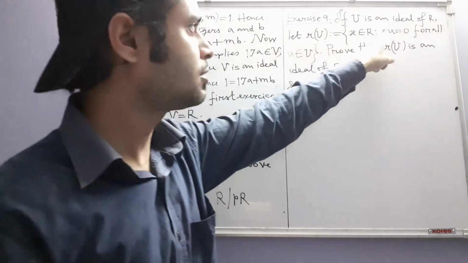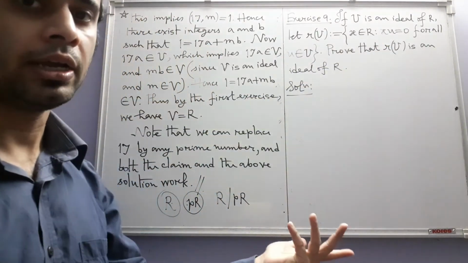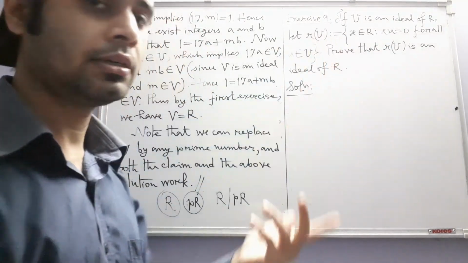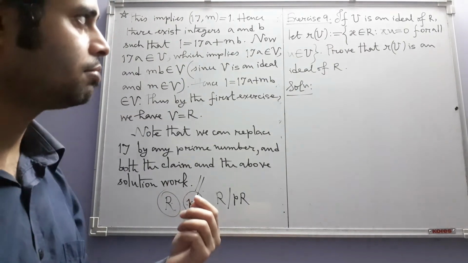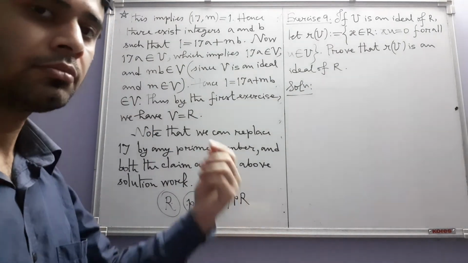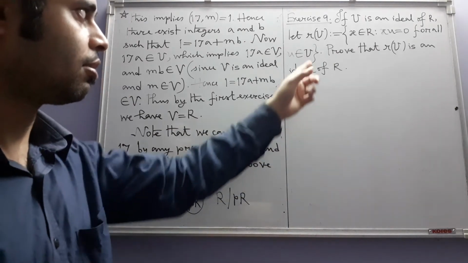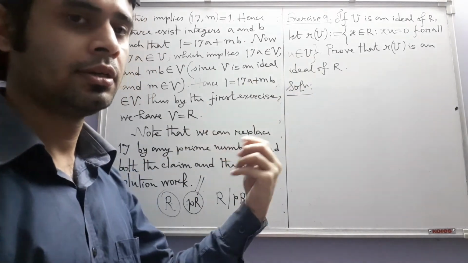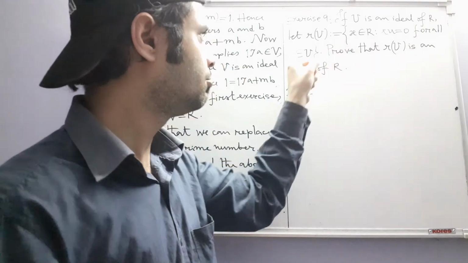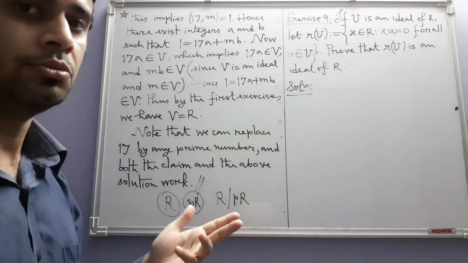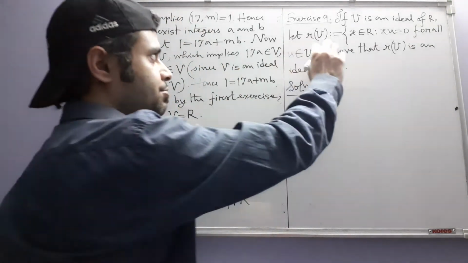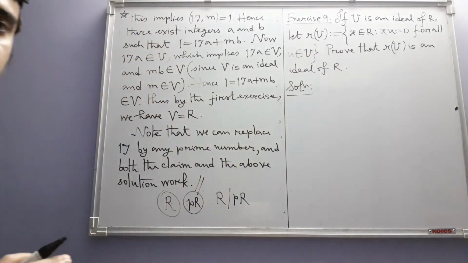Note that XU may not be equal to UX, because it's not given that the ring is commutative. So we have to keep in mind that it's XU. We are multiplying the element X by elements of U from the right side. And this has to be true for all elements in U. Then only will X belong to RU. That's the definition of RU.